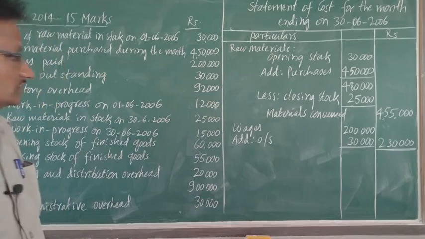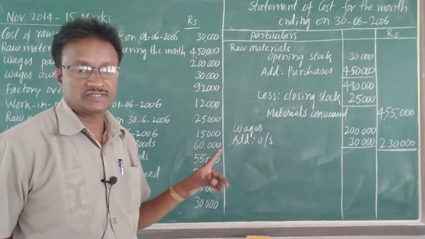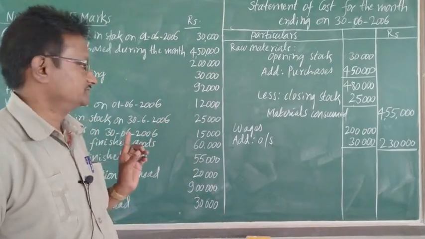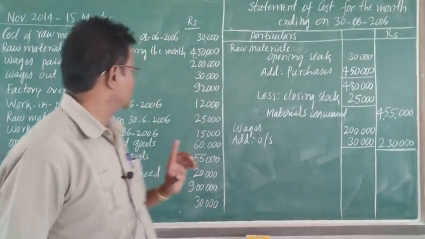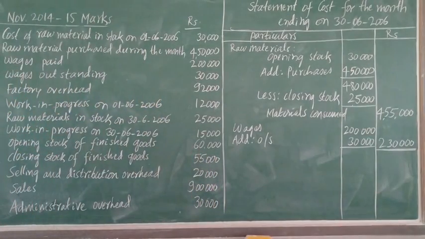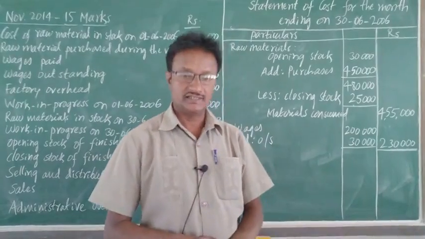Next, to ascertain prime cost, we have to take one more cost, that is direct expenses. It is also called chargeable expenses. So here there is no information regarding direct expenses.